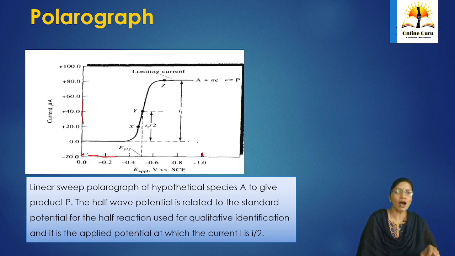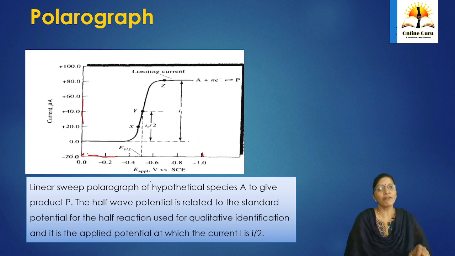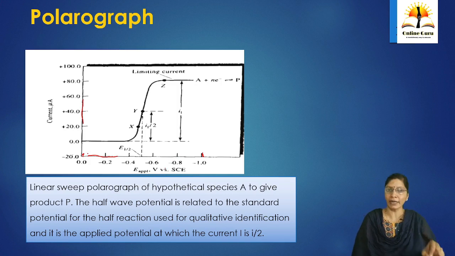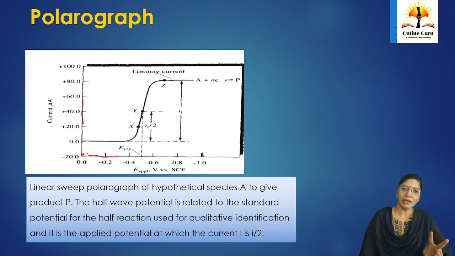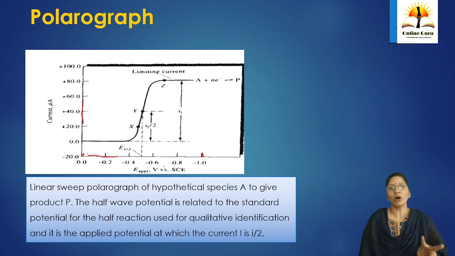So if the supporting electrolyte should not get decomposed, that indicates that if the analyte is a metal cation, it will be reduced at the cathode, and in that potential range whatever behaves as supporting electrolyte should not get decomposed. Such an electrolyte is chosen as the supporting electrolyte. That is the first criterion. The other criterion is that it should be completely dissociated, a strong electrolyte.